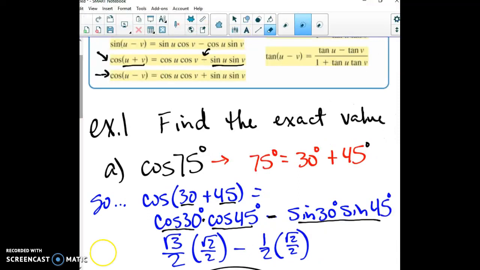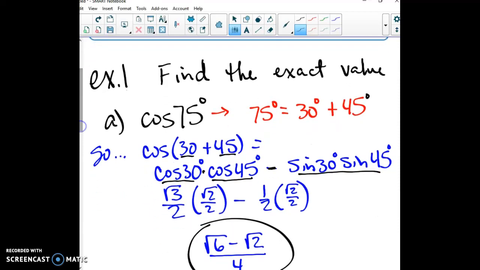So back to our problem, we're simply going to input these values, and we know that the cosine of 30 from our unit circle is square root of 3 over 2, and 45 is square root of 2 over 2. The sine values of 30 and 45, same thing, 1/2 and square root of 2 over 2.